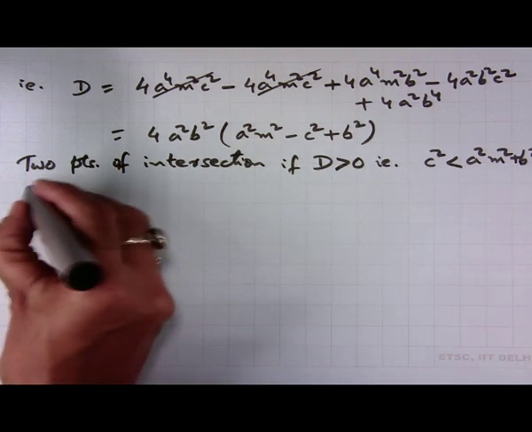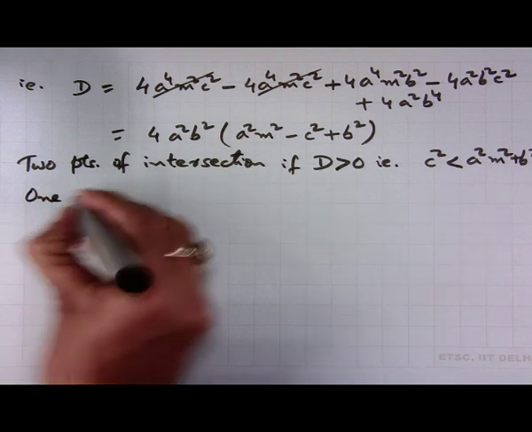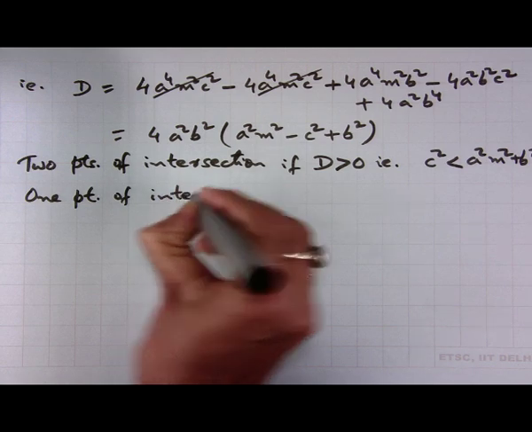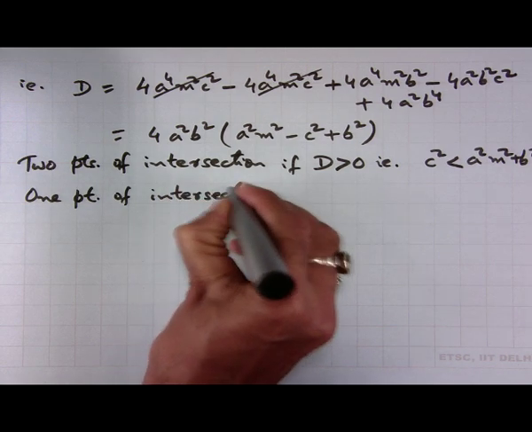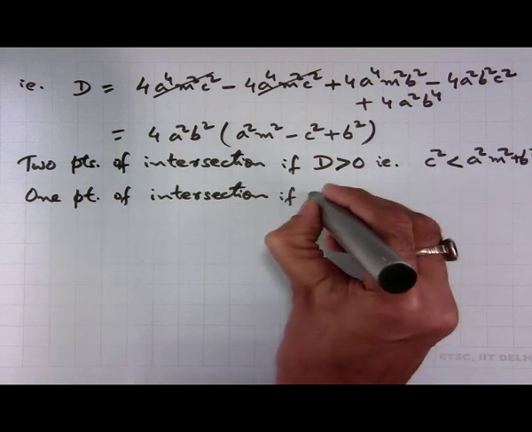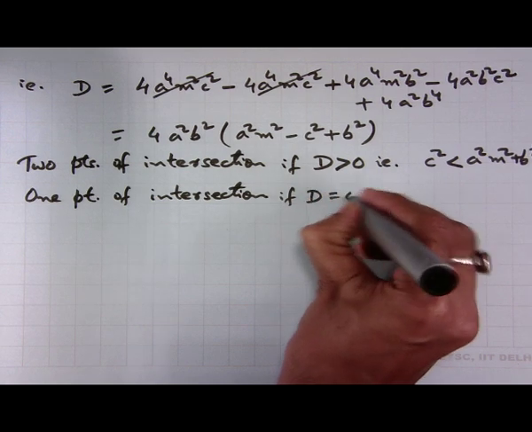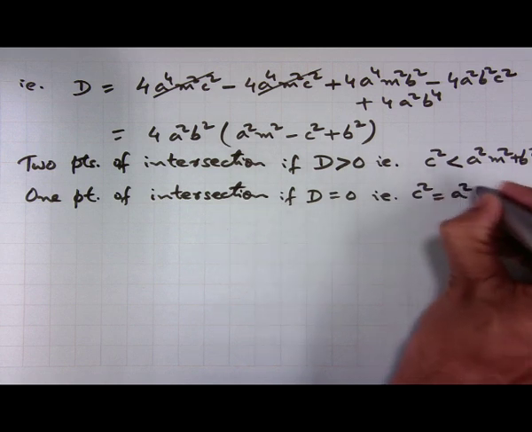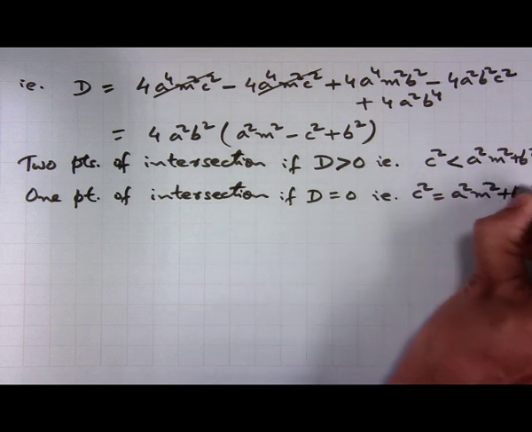There is only one point of intersection when the quadratic equation has real and equal roots, which is for D equal to 0, that is c square equal to a square m square plus b square.